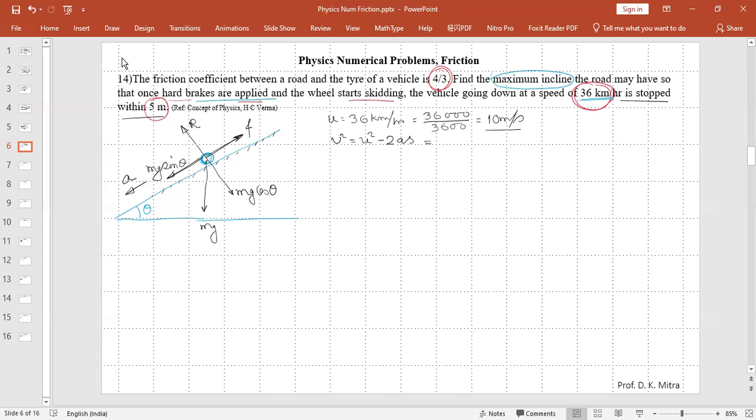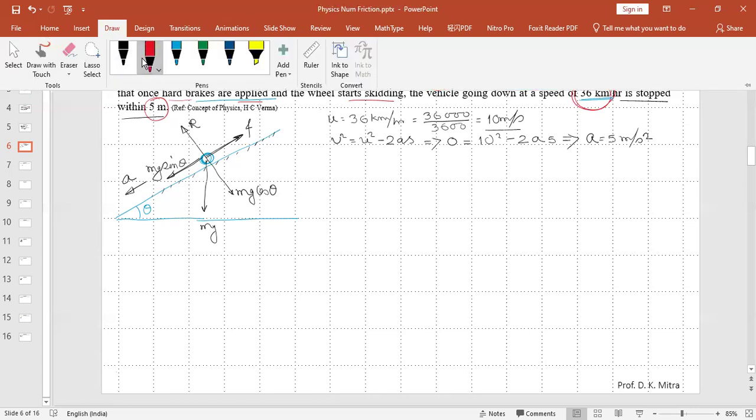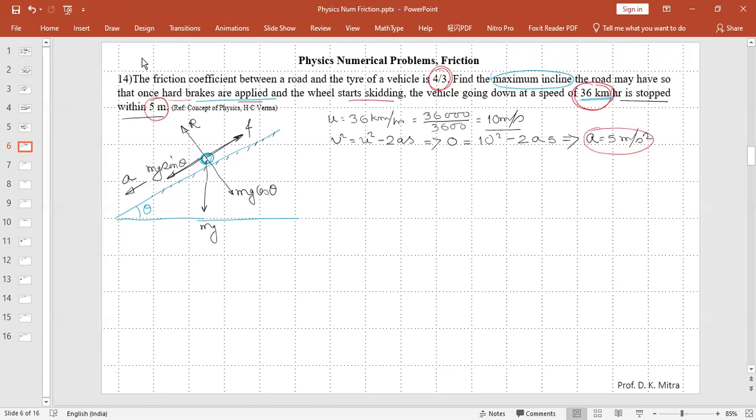From here, v is 0, which is equal to 10 square minus 2a times s, where s is 5 meters. From here, we find acceleration a is equal to 5 meters per second square. This will be an important value that we shall need to solve this equation.